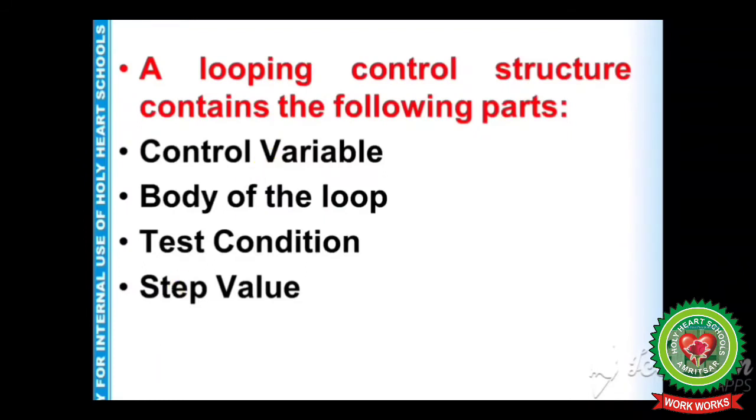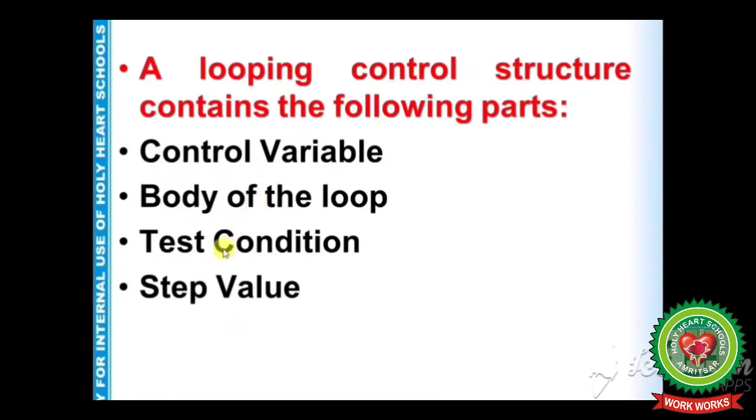Then the body of the loop. Body of the loop means the particular statements that we are using in a program, like I want to display some message or I want to do a calculation. That type of process will come in the body of the loop.